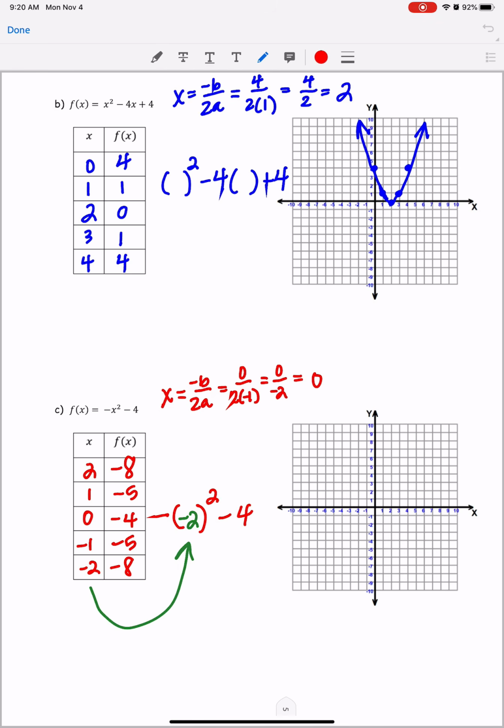And if you can't get these answers, if you can't get your y's, you need to come and see me so that I can help you put this into the calculator. So we've got 2, negative 8; 1, negative 5; 0, negative 4; negative 1, negative 5; and negative 2, negative 8. So now this parabola looks something like that.